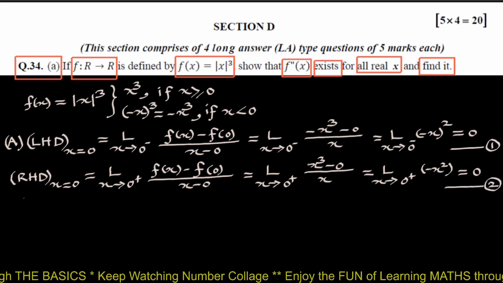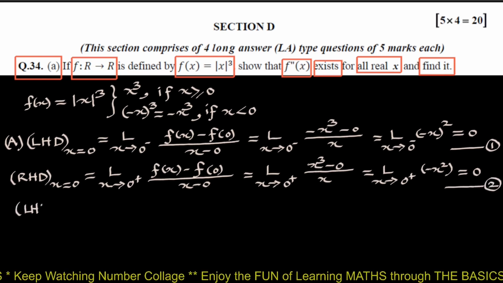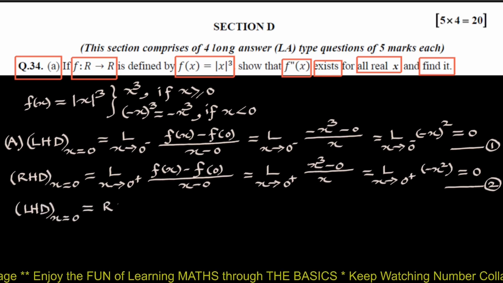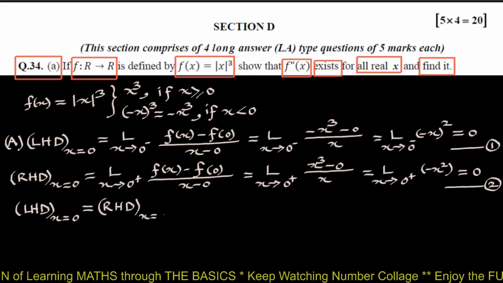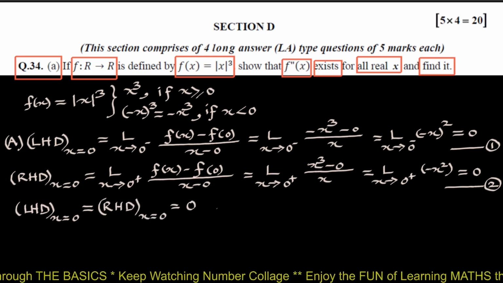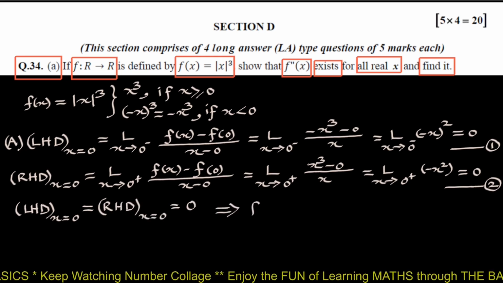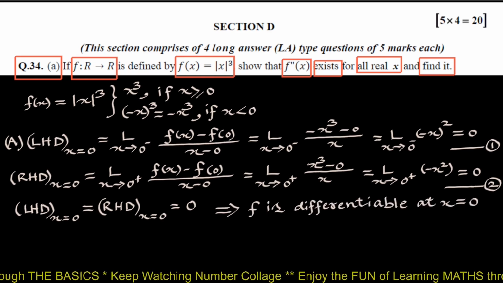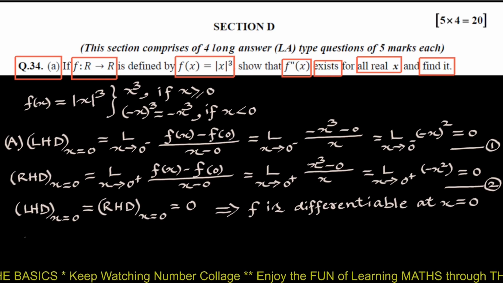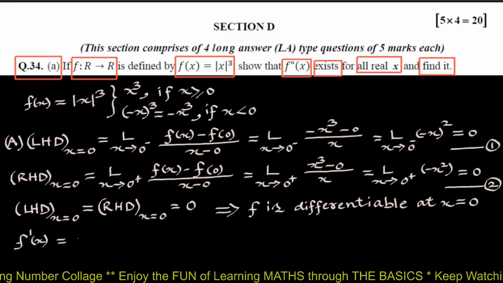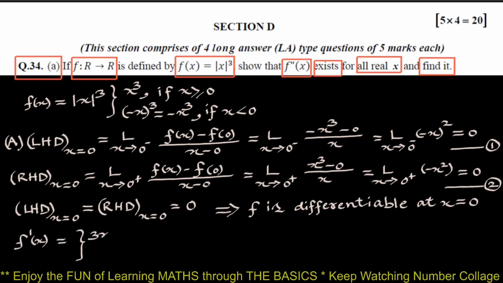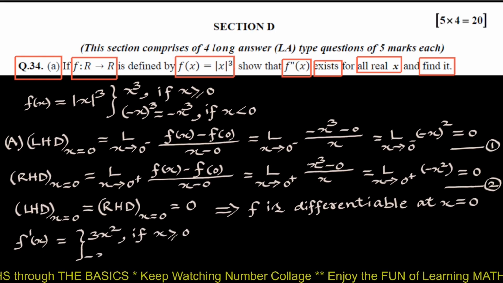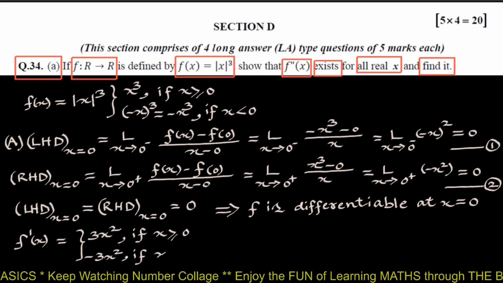From 1 and 2 we have left hand derivative at x equals 0 equals right hand derivative at x equals 0. That implies function f is differentiable at x equals 0, and its derivative will be f dash of x equals 3x square if x is non-negative, and it is minus 3x square if x is negative.